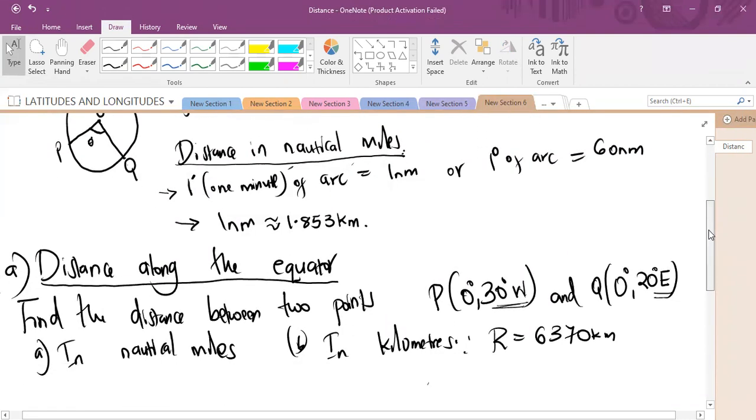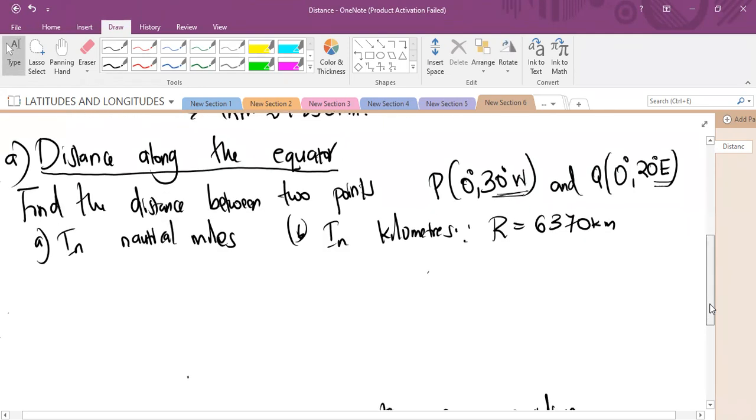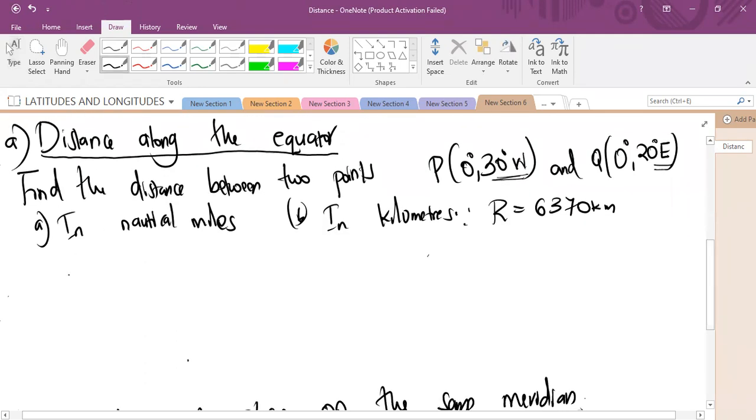The formula for getting the distance in nautical miles is, as we can see here, 1 degree of arc is equal to 60 nautical miles. Now, how many degrees do we have here? If we were to have a rough sketch of this, we have P being 30 degrees west. So let's have a rough sketch. This is the center, 0.